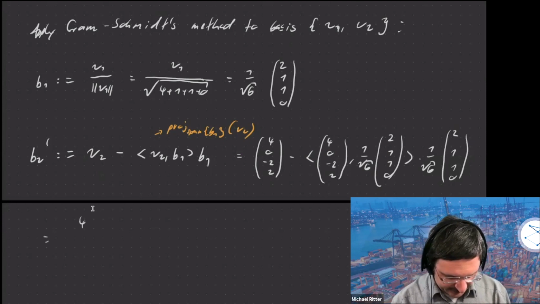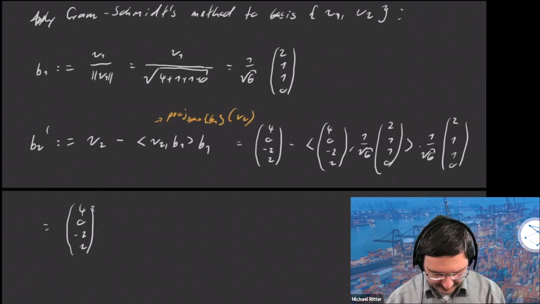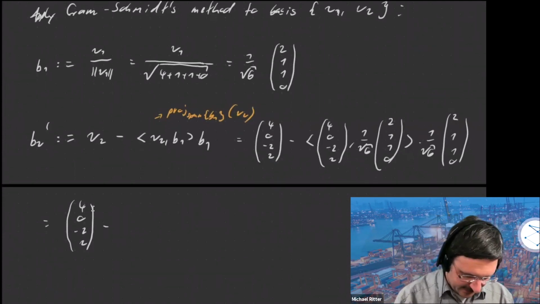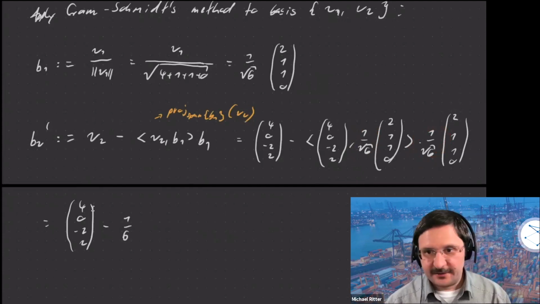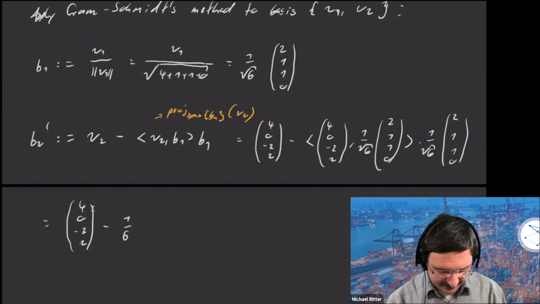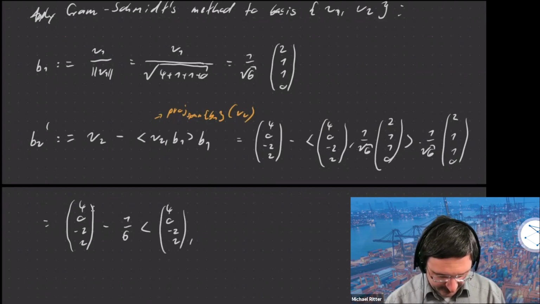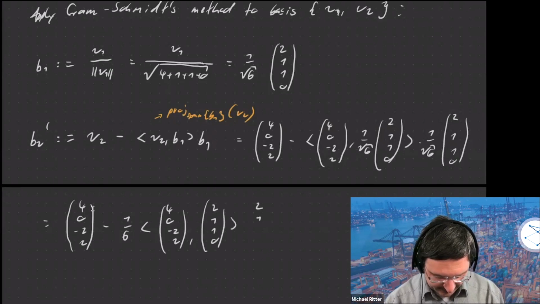So that is 4, 0, minus 2, 2 minus, again, I'm taking out this 1 over square root of 6, and together that yields 1 over 6. So I'm left with the scalar product. I'll write it down one more time: 4, 0, minus 2, 2, with 2, 1, 1, 0, times 2, 1, 1, 0.